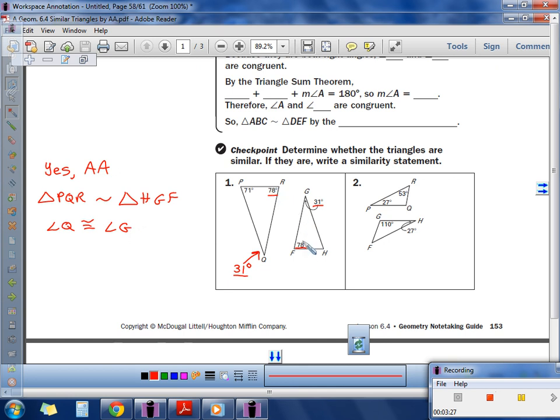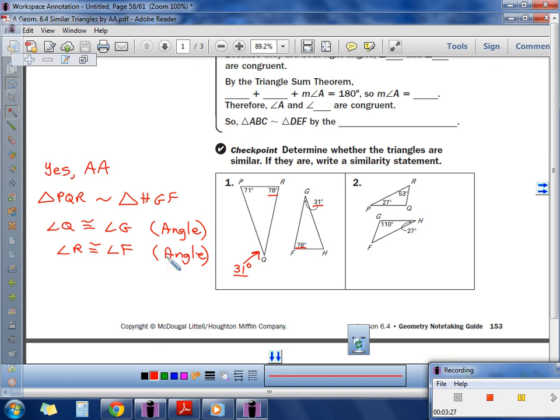Oh, we looked at R and F. Angle R is congruent to angle F. And really, this is where the angle-angle comes from. We compared these two angles are the same and these two angles are the same. That's why you can say angle-angle similarity. This is something that I expect from you when it says explain in the future. So make sure to write that down.